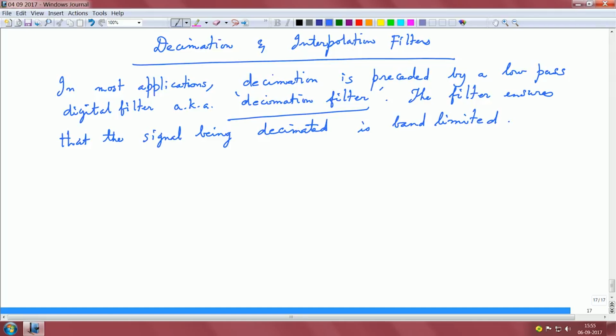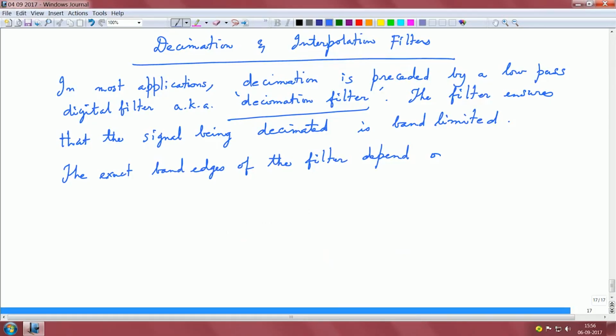Decimation is preceded by a digital low pass filter, because the filter ensures that the signal being decimated is band limited. Otherwise, if you first downsample and then you do filtering, you are basically losing a lot of signal out there, and when you filter on top of it, I think your common sense would tell you that you are losing information out there, right. So, before you reduce the sampling rate, first you have to ensure that you have what you need, right.